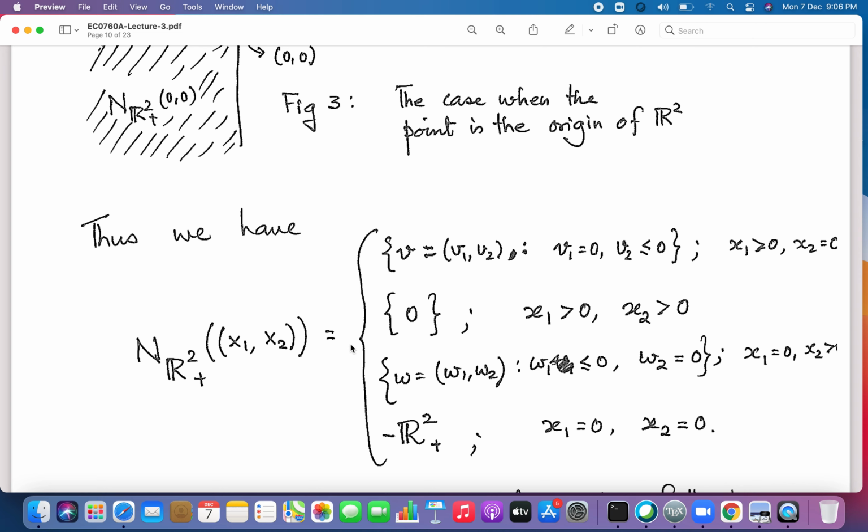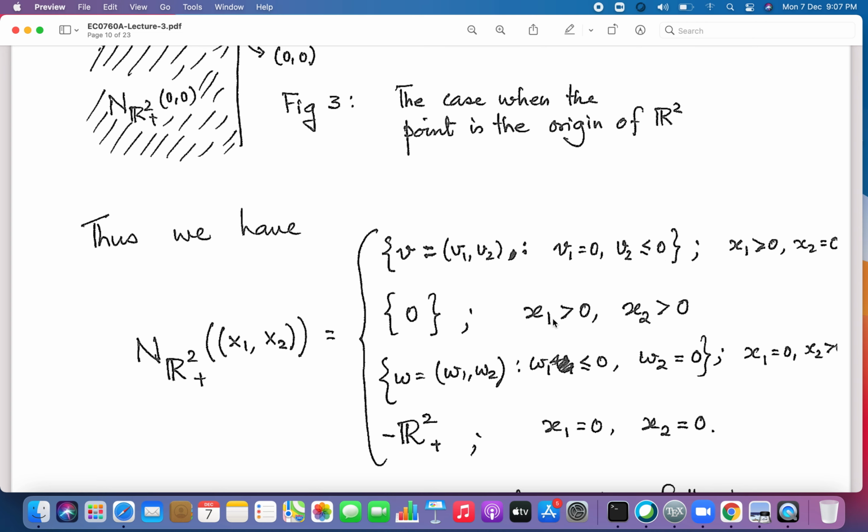So if the first component is strictly bigger than 0, you get v1 equal to 0. In the second case, if you have x2 equal to 0, then the corresponding v2 is less than equal to 0.